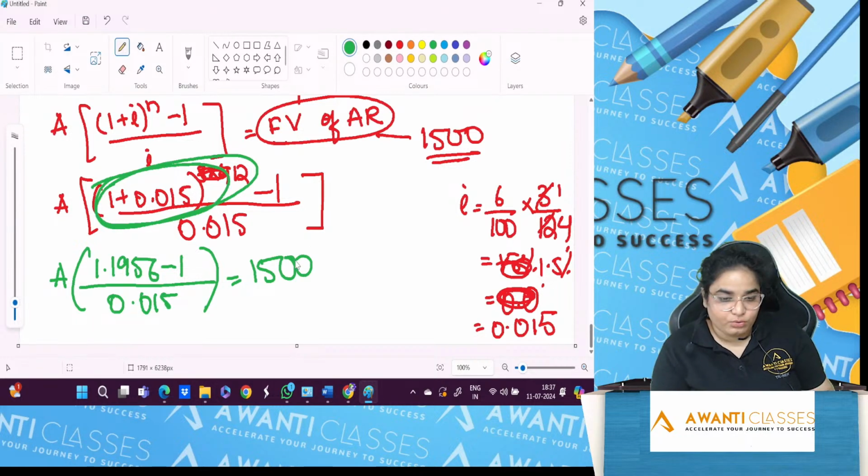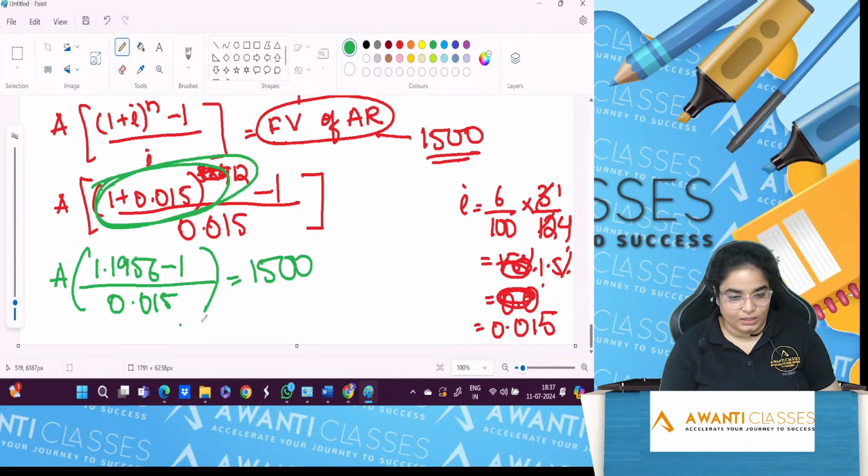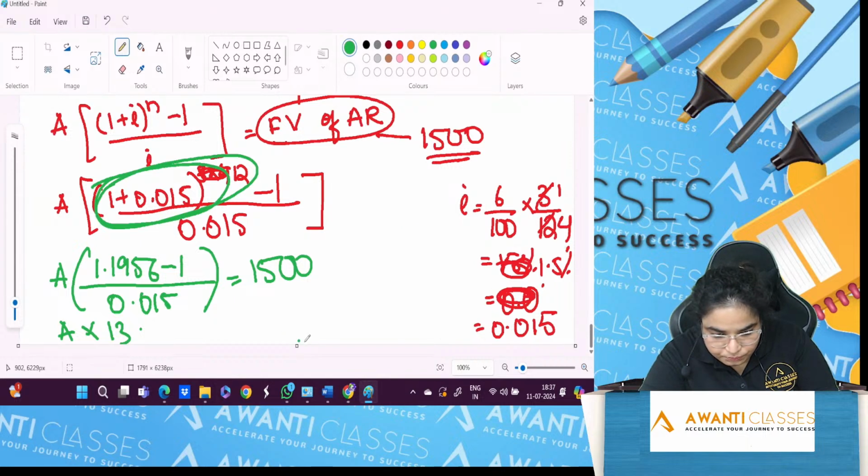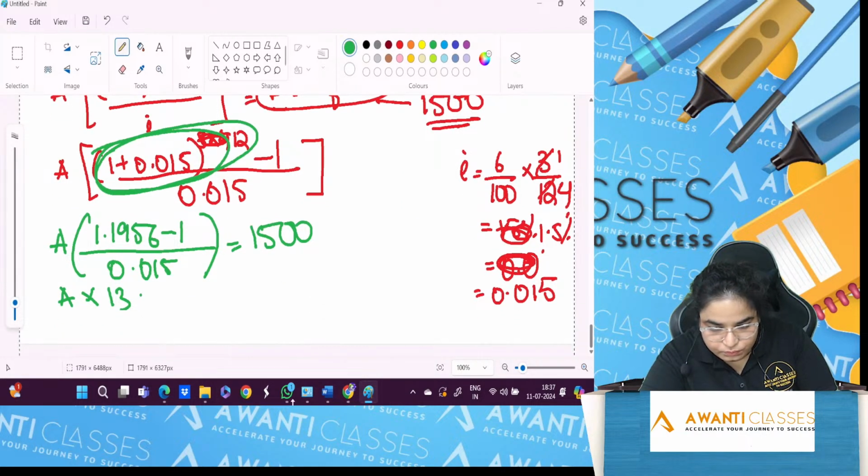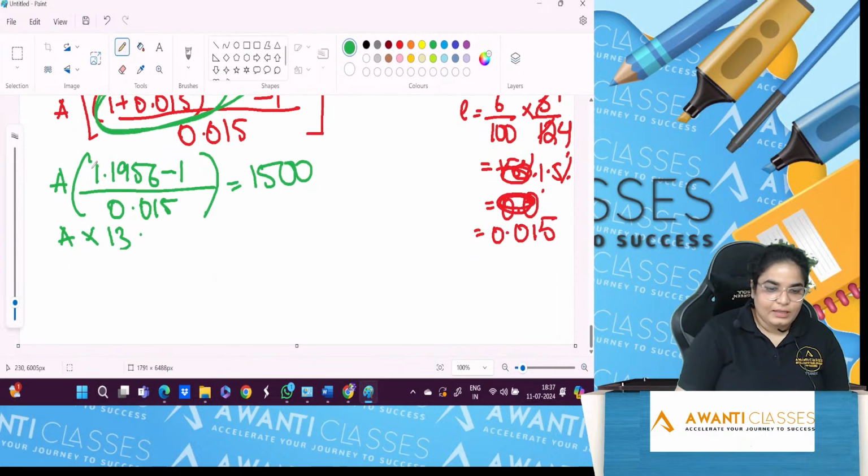Minus 1 divided by 0.015. So this is 13. This will come to A into 13.04, which will be 1500 rupees.